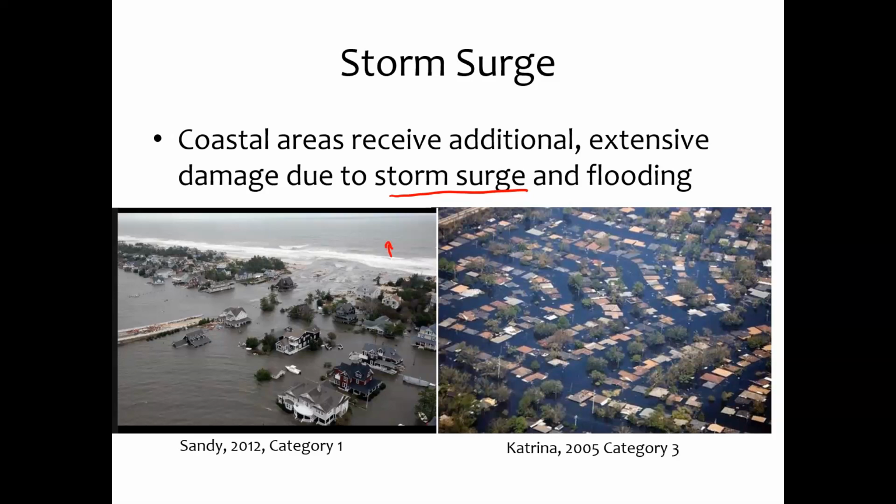And they will inundate the area that's right along the shore with seawater. Not only is that really bad because now your whole house is full of water, but any sorts of electrical stuff that you have in there, because a lot of this is salty water, is going to corrode. And you can see some of the damage caused by some fairly recent major hurricanes in these pictures here.